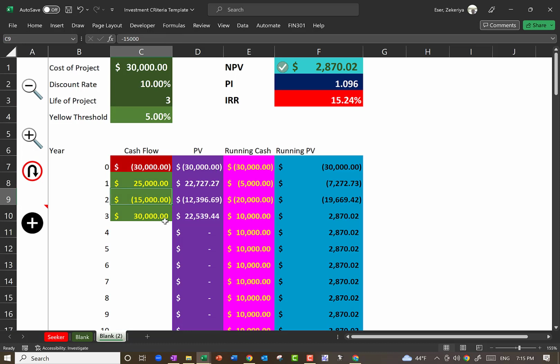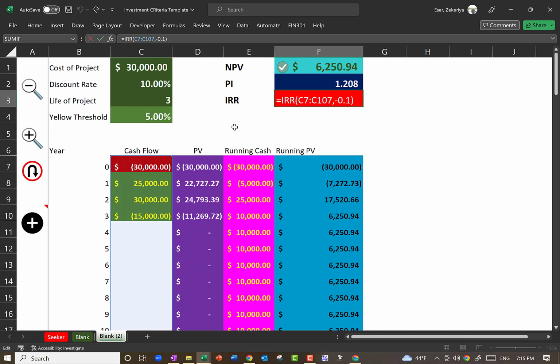Or let me do something different. Okay. So negative 0.1 gave me 30.59. Oh, here it is.